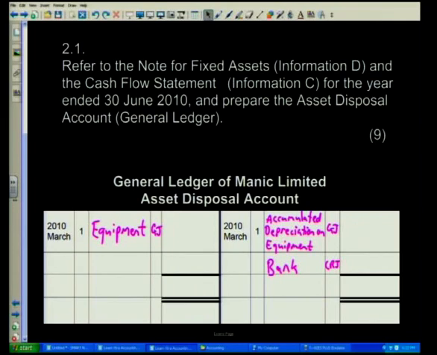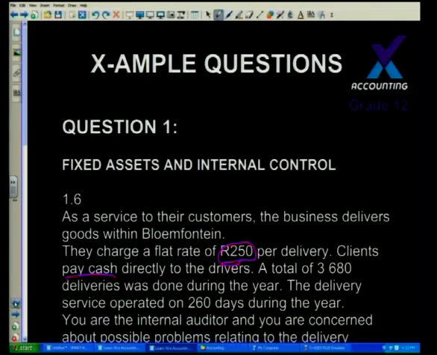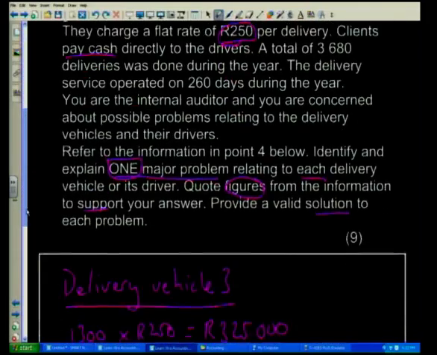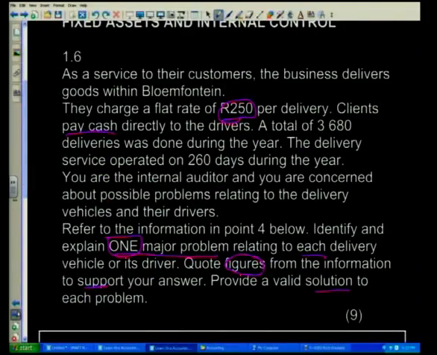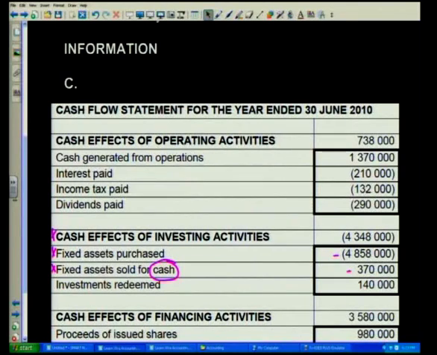So, because we received 370,000 Rand cash for this equipment, we should be able to write 370,000 here next to bank, because that is the cash that we received for this piece of equipment, as you can see in the question over here. We sold it for cash of 370,000, so that is the amount of money that we got for this piece of equipment.